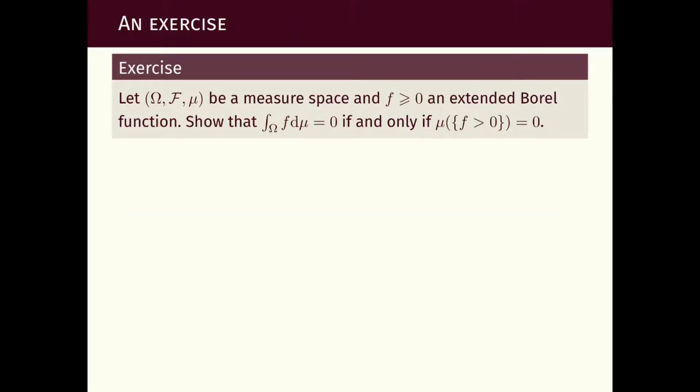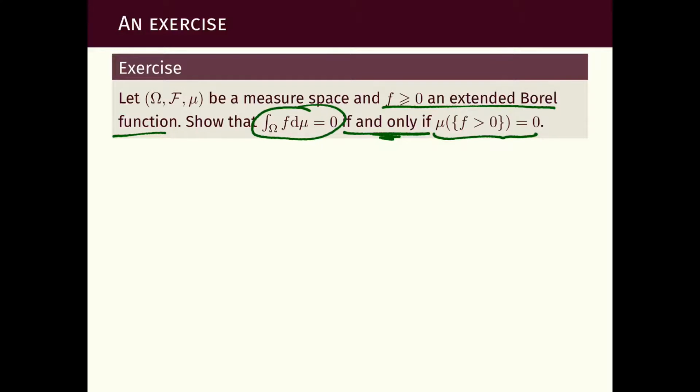And here's an exercise to practice our ability to manipulate this abstract concept of integrating a function. Here we are being asked to show that the set of points where the function takes positive values has measure 0 if and only if the integral of the function is 0. And that is for a non-negative extended Borel function.